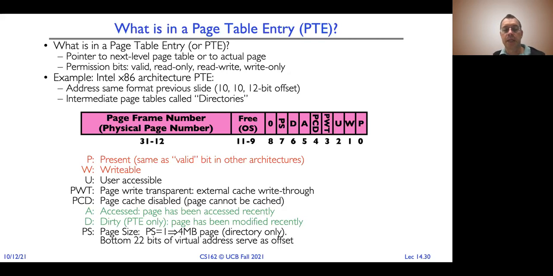The question is what PCD means. The PCD means that the page is not cached. And again, the reason you may choose to not cache a page is, for instance, in multiprocessor, multi-core systems, when you have concurrency on the same page.